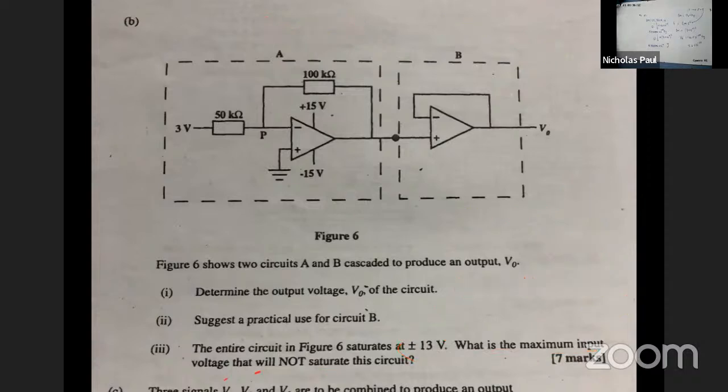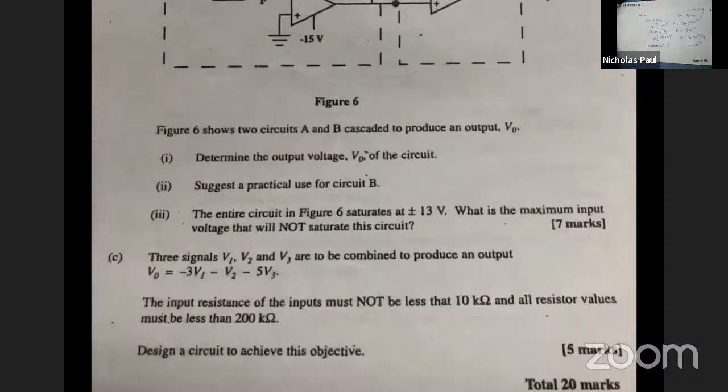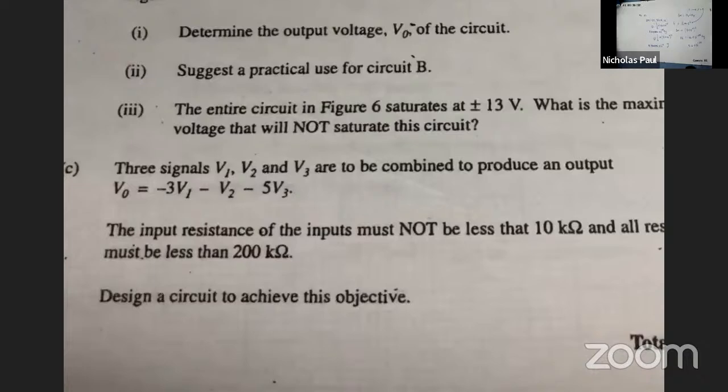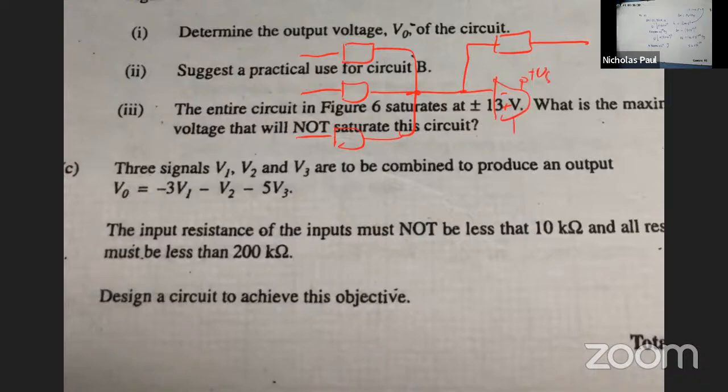Third part is where they ask you to draw the circuit, right? Just like yesterday. This is a 3 input, V1, V2, V3. Right, between 10 and 200, so you want to get minus 3 V1 minus V2 minus 5 V3.